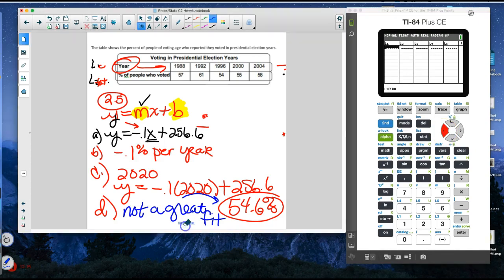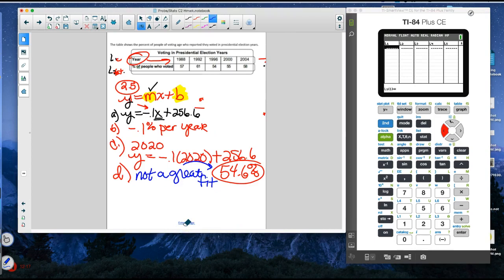Now, those of you who had a Delta Math assignment, sometimes it said predict what year. The percent would be maybe 60. Well, then you go back into your equation, and you'd have to put the 60 in for the y value. So the first thing you should really do when you're doing these is go X, Y, L1, L2, just so you know exactly what you're working with on your calculator.